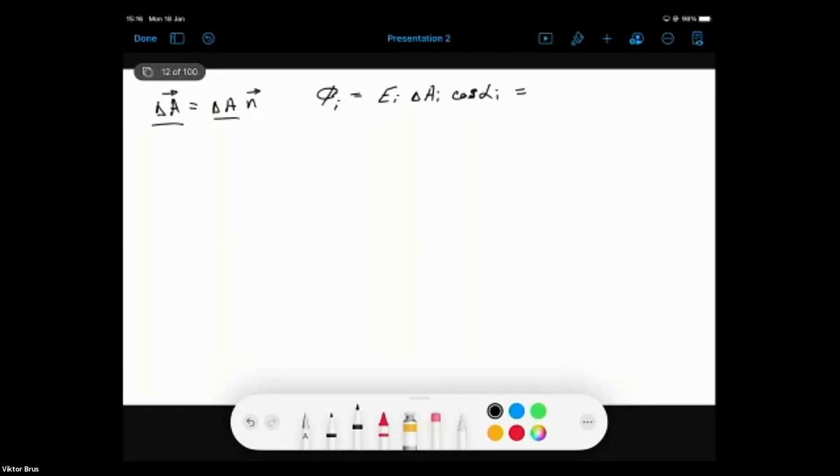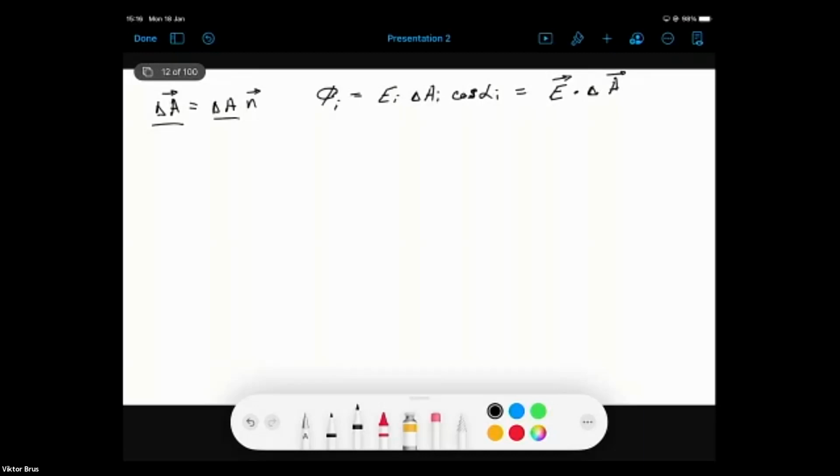That is nothing else than the dot product, or scalar product, of two vectors: the electric field vector times the vector delta A.